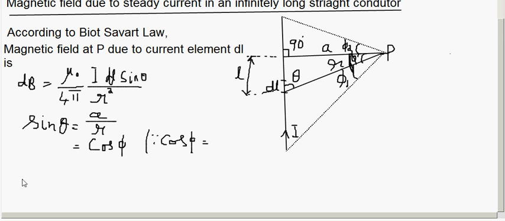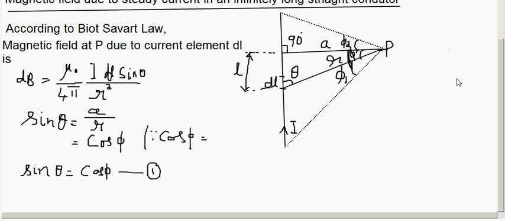We got in one equation, sin theta equal to cos phi. Call this equation number 1. So in this equation I can replace sin theta by cos phi.